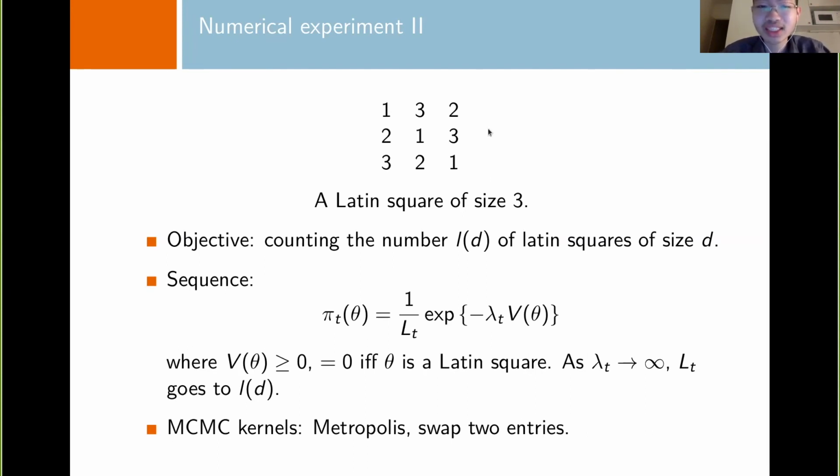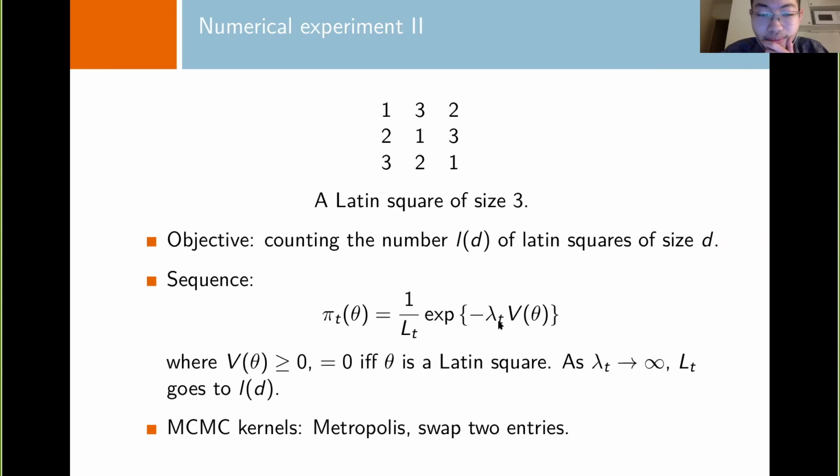As you can imagine, generating such a Latin square is not as trivial as that, especially if the square starts to have some kind of large size. So our objective is to count the number of Latin squares of size d. And for that, we design again a tempering sequence with different temperatures, lambda t.